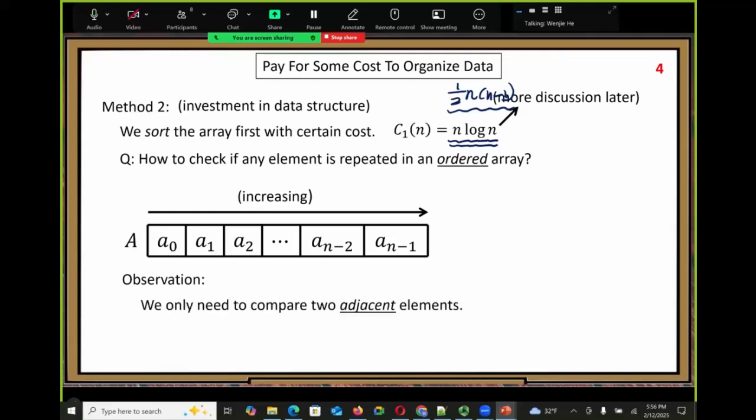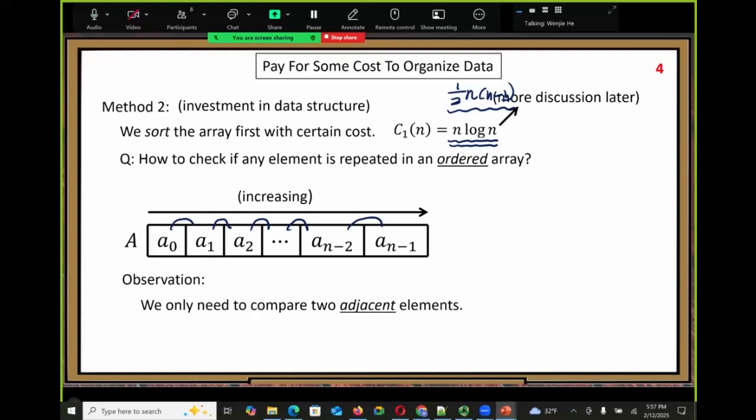We only need to compare two adjacent elements. Think about it. This is a critical step. When you do your comparison this time, you only need to consider adjacent comparison. Why is that?